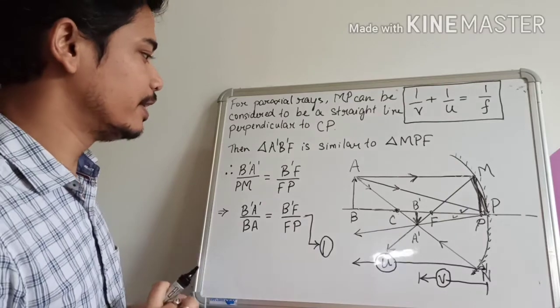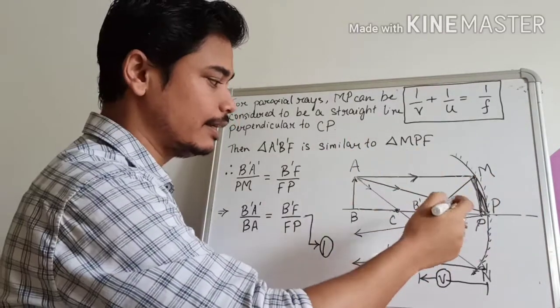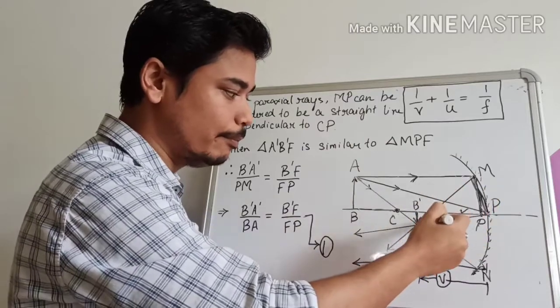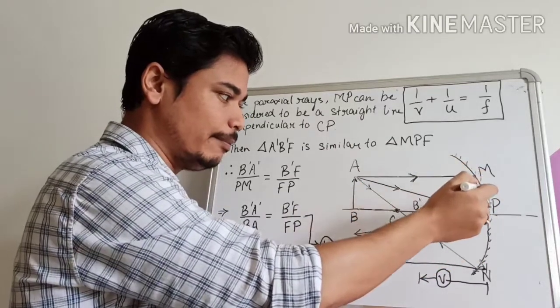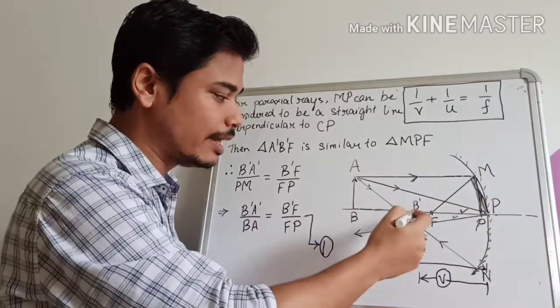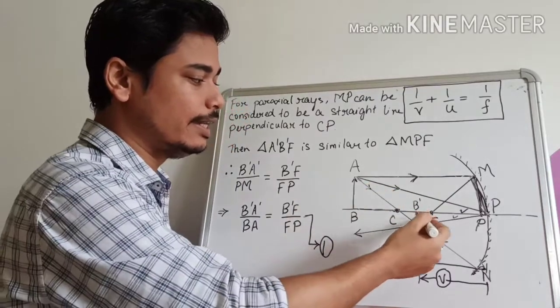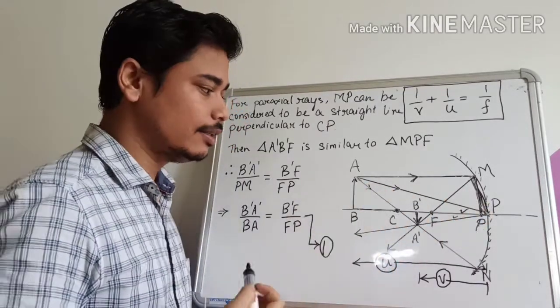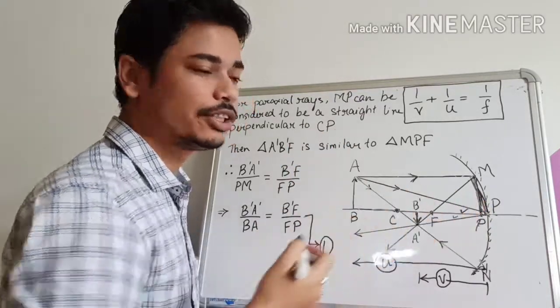Now see, if we consider these two triangles, if this is a straight line, then this will become a triangle MFP, or we can say MPF. This will be a triangle, and we can consider another triangle which is A'B'F. Now see, these two triangles are almost similar, so we can consider them to be similar triangles.